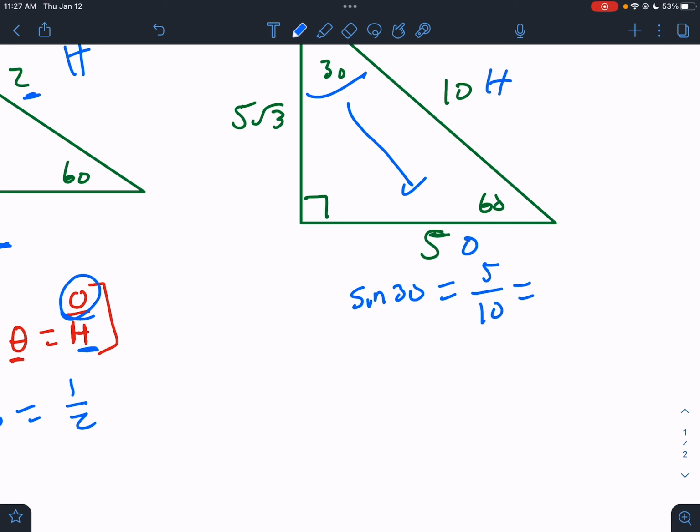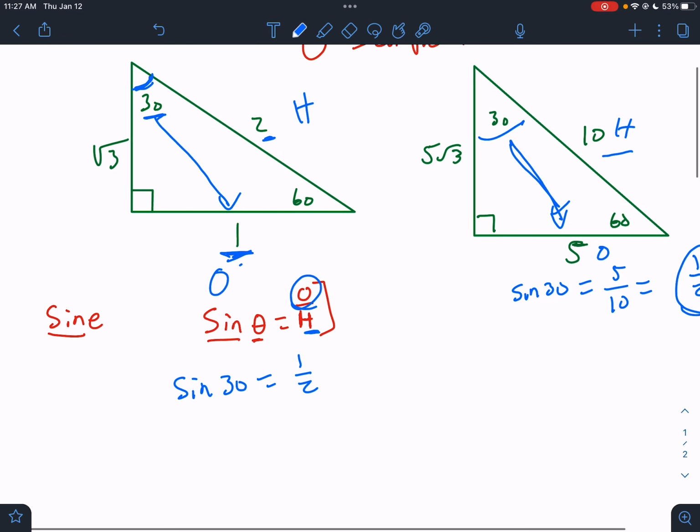Well, what is 5 divided by 10? It's 1 over 2. It does not matter which 30, 60, 90 triangle you are working on. If you go to the 30-degree angle, the opposite divided by the hypotenuse will always reduce to 1 over 2. Always, always, always. It's always the same number. That's because all of these triangles are similar.